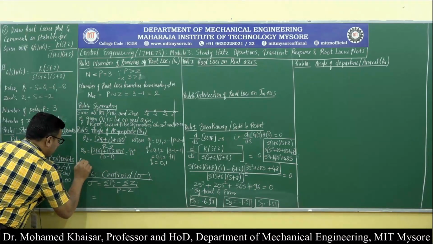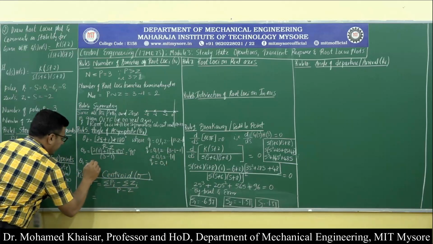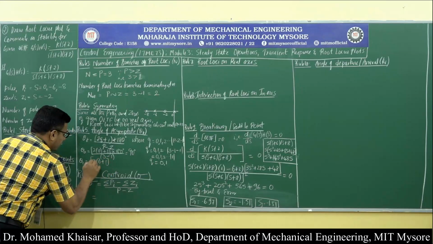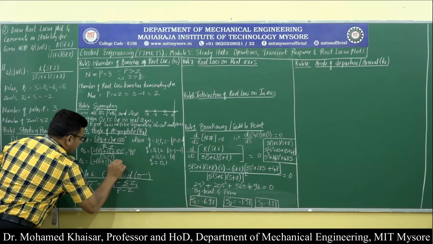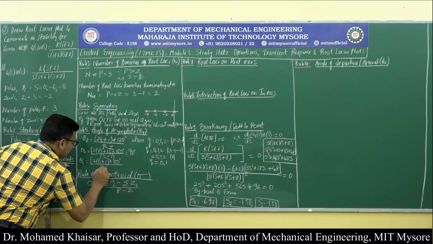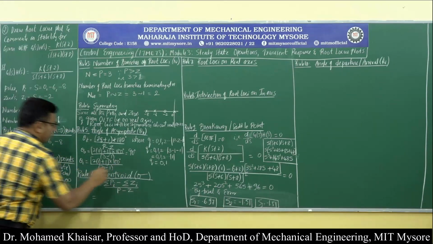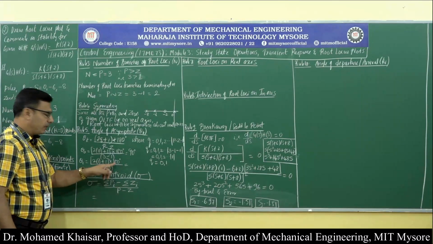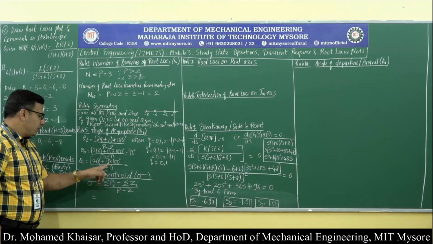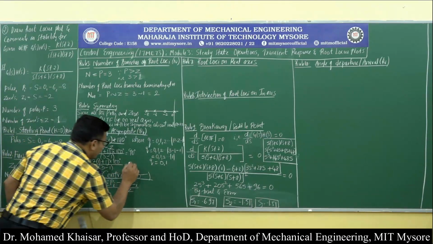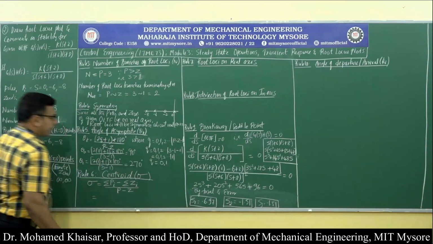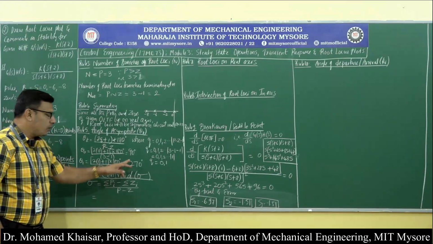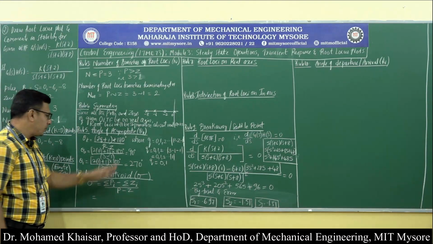Then theta at 1 is given by 2 into q, with q equal to 1 substituted, plus 1, into 180 degrees divided by 3 minus 1. So 2 into 1 is 2, 2 plus 1 is 3, 3 into 180 is 540, and 540 divided by 2 is 270 degrees.